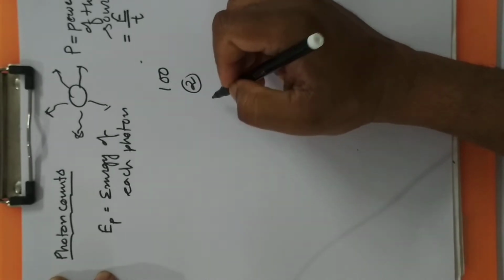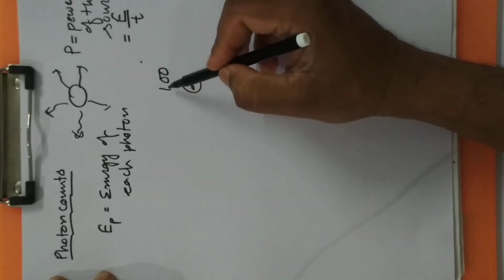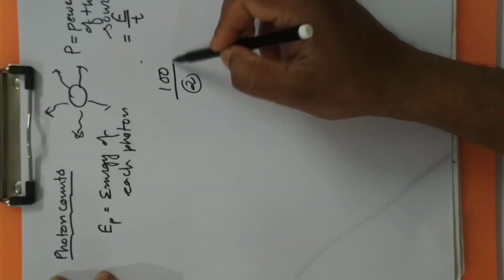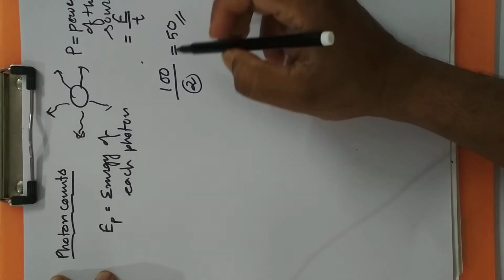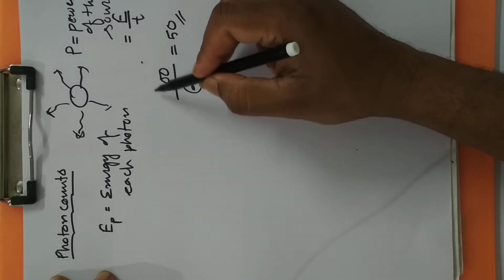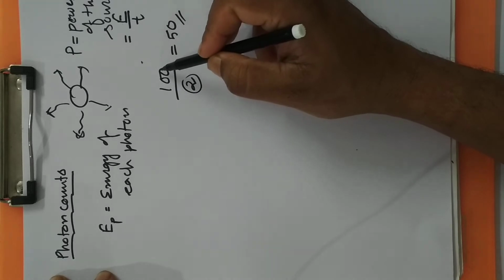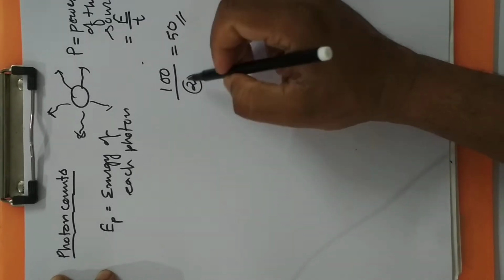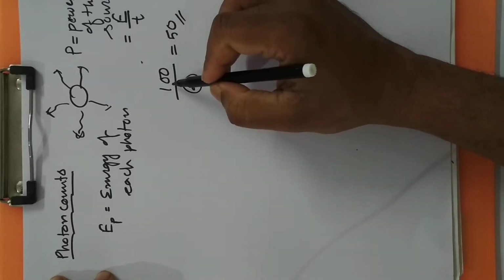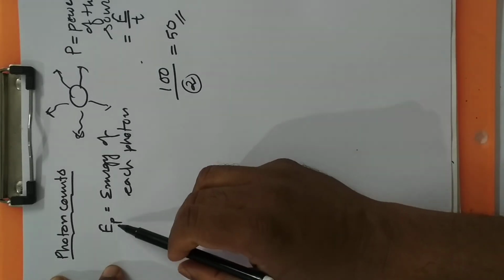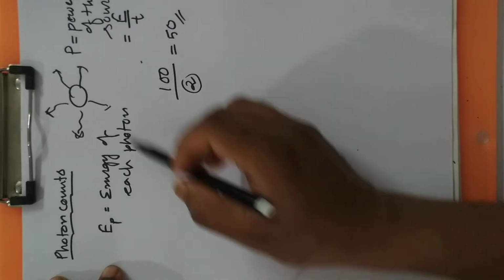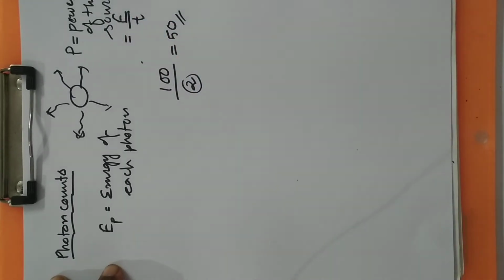Then we understand that every second the source is emitting 50 photons. Understood? Energy emitted by the source every second is how much? 100. And energy of one photon is how much? 2. So therefore the source is emitting 50 photons every second.